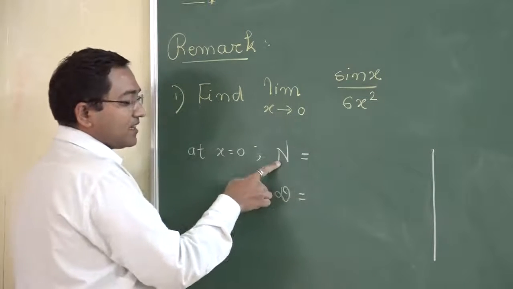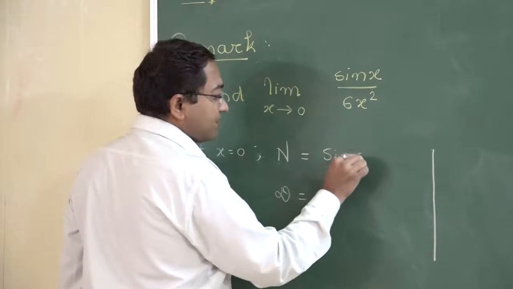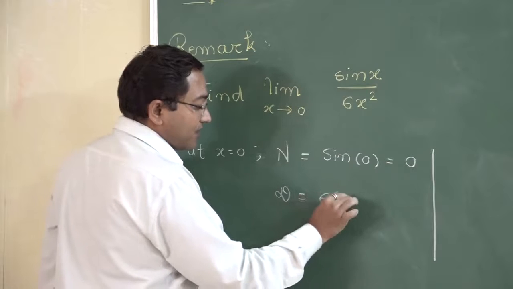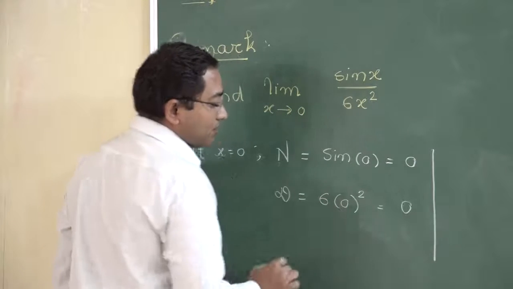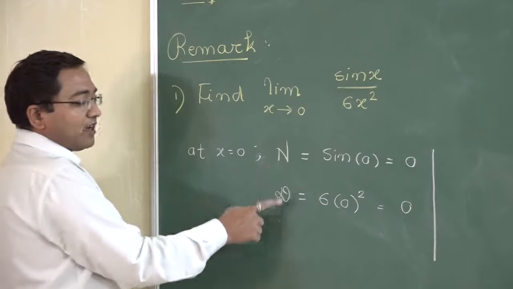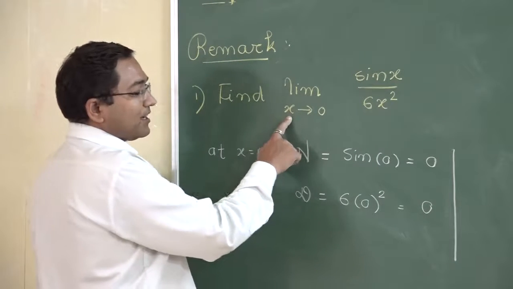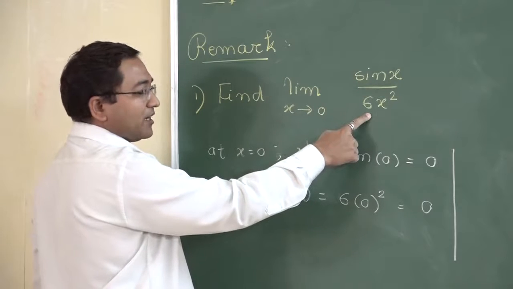Here sin 0 is 0, and the denominator 6x square, 0 square into 6, becomes 0. So the numerator is 0 and the denominator is also 0. Therefore, at the point x equal to 0, the numerator and denominator both have 0 values.